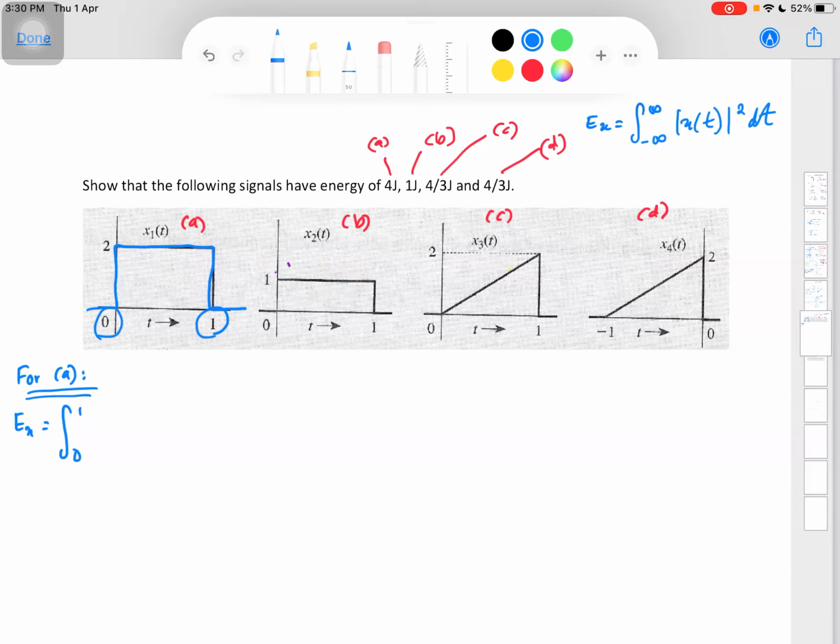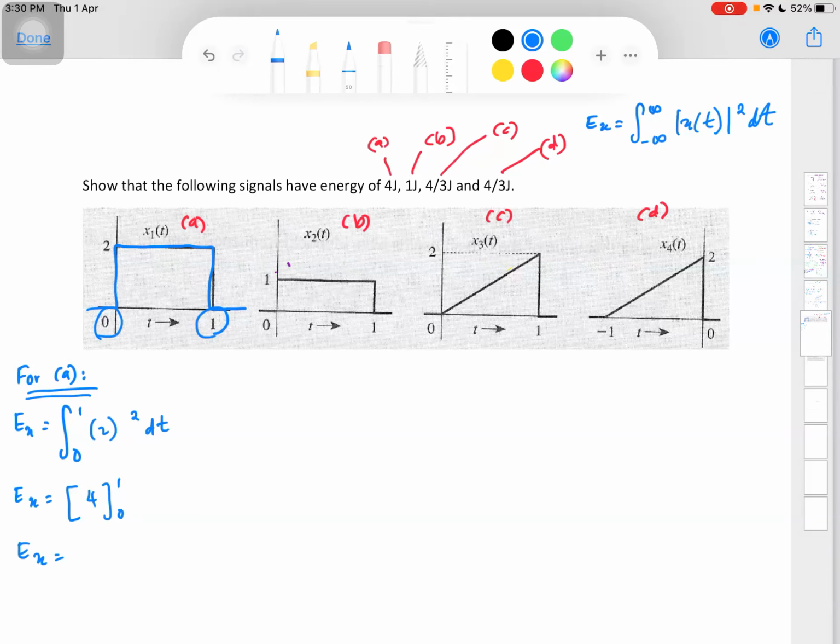And this is a pulse square signal, a rectangular signal like this. So the amplitude is 2, squared, dt. In this case, it will be 4, 1, 2, 0.